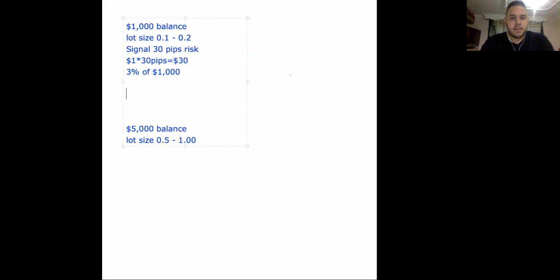If we did $2, which is the 0.2, and we multiply that by 30 pips risk, now we're risking $60 on that trade. Those $60 is 6% risk of the $1,000.